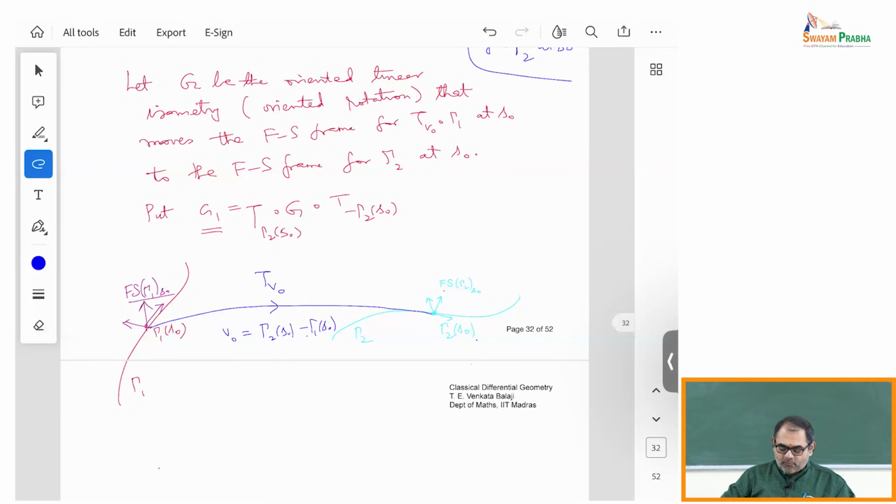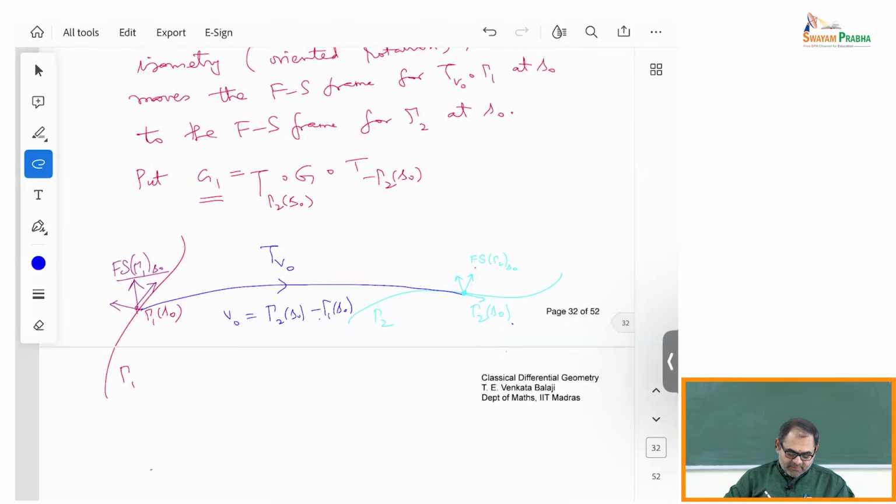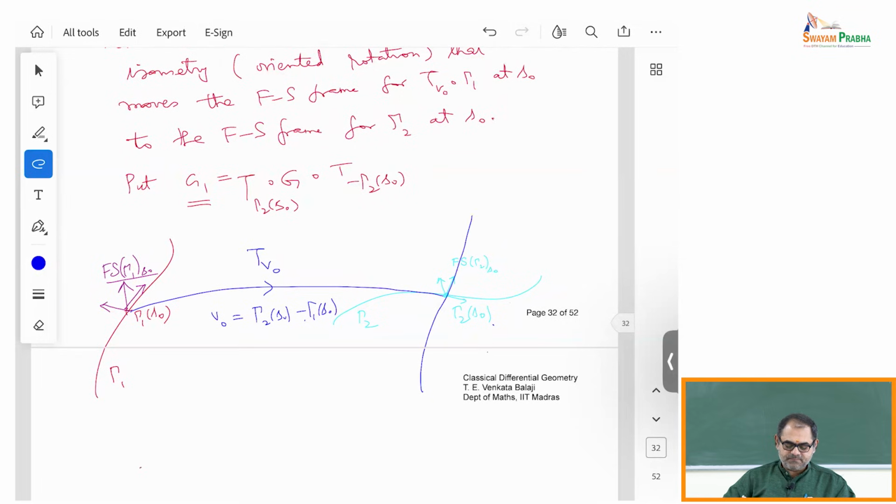So I will get a parallel curve here like this. This guy is T V naught circle gamma 1. Let me not put the S there. This is the new curve.